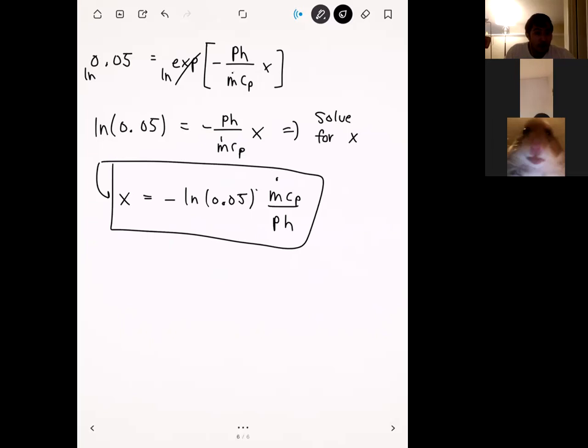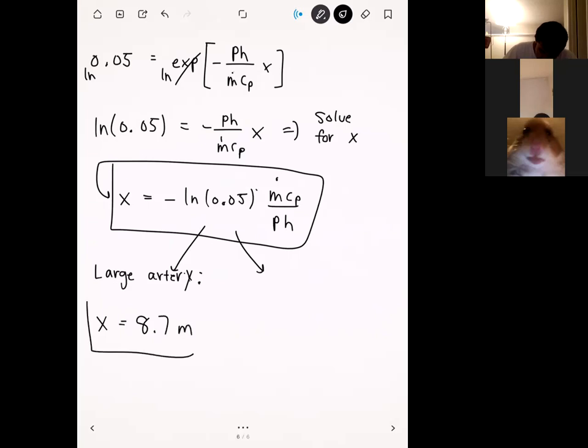And then what we can do is we can plug in H for each of the different examples. Okay. I think m dot is also going to change for the large artery. Okay. And so if we plug in everything for the large artery, what we get is x is equal to 8.7 meters.